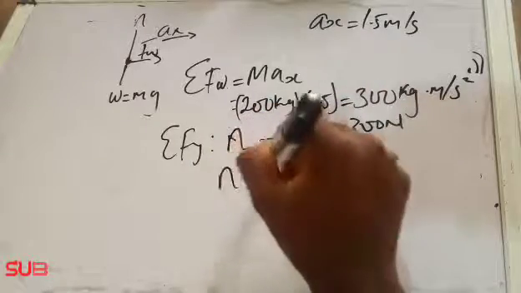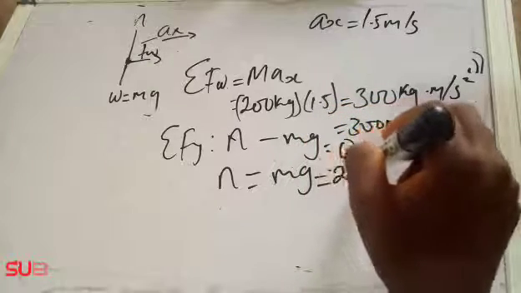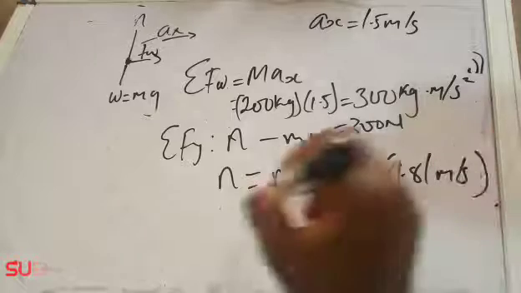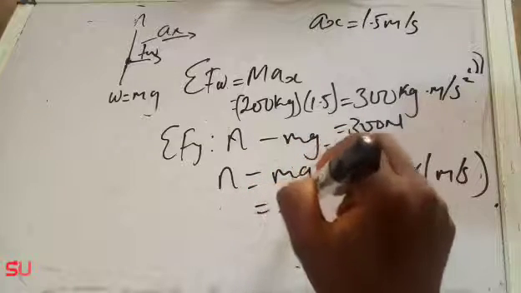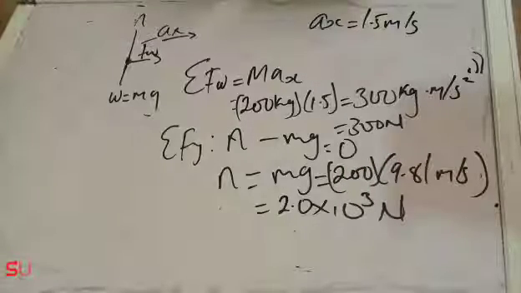So our n is equal to mg, which is equal to 200 multiplied by 9.81 meters per second squared, which is equal to 2.0 times 10 to the power 3 newtons. So we've gotten our normal reaction, we've gotten our acceleration, and we've also gotten our force acting in the x direction.